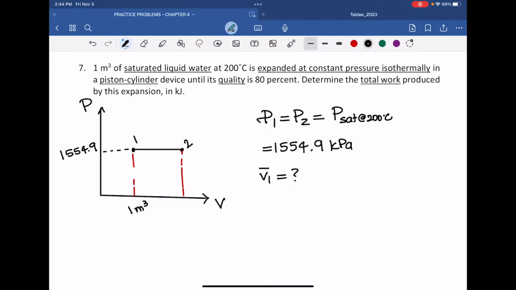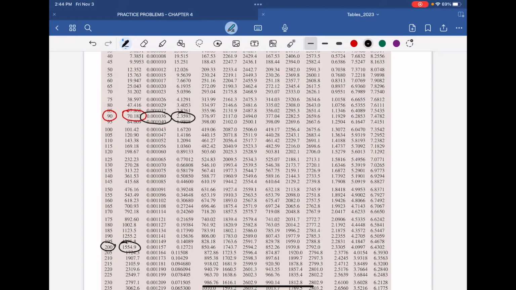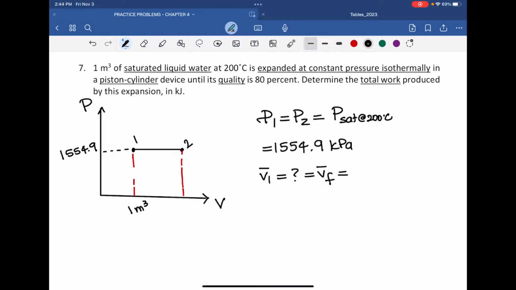I know the temperature, I know the pressure, I know it's saturated liquid water, so this should be equal to vf. So we go back and read this value right there. Let's write it down.